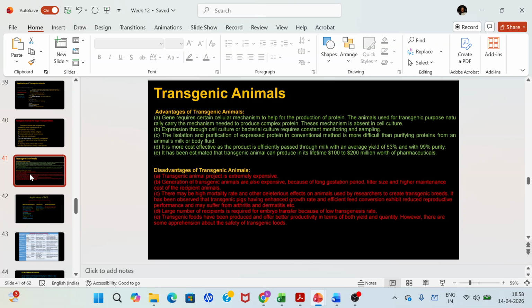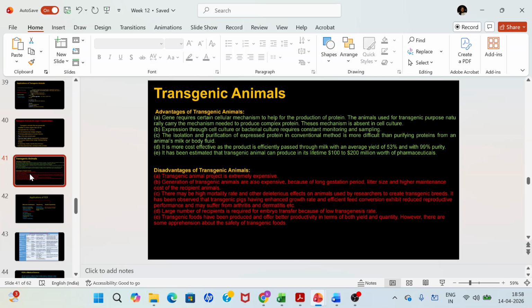And transgenic foods have been produced and offer better productivity in terms of both yield and quantity, but obviously there is some compromise on quality, or it may be an allergen to some people.